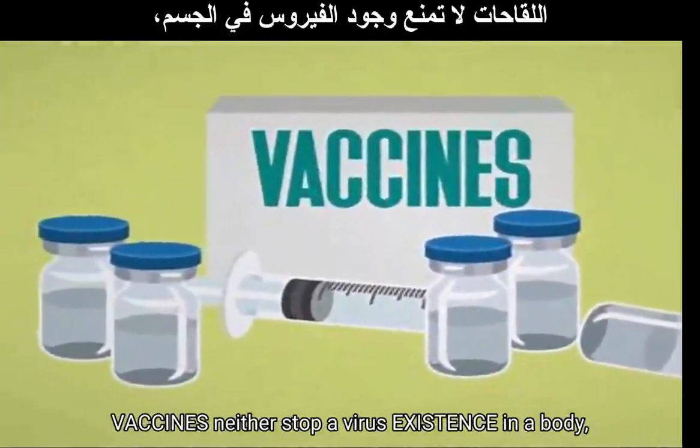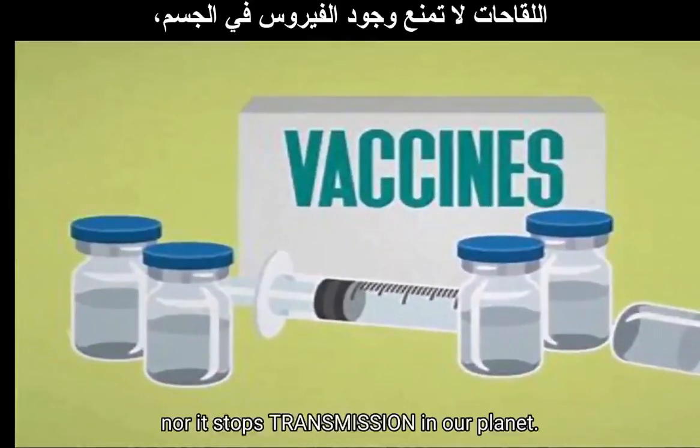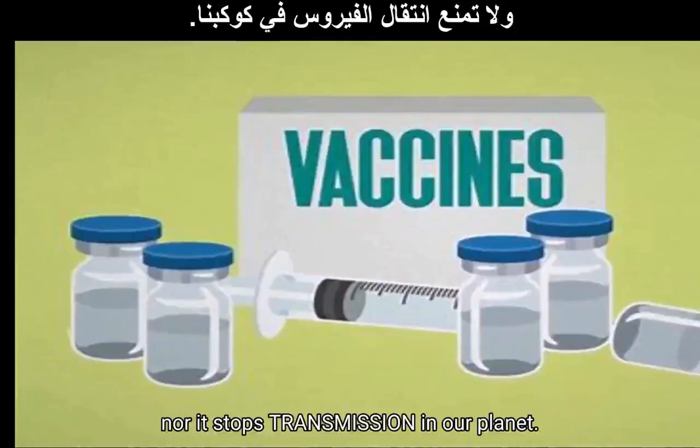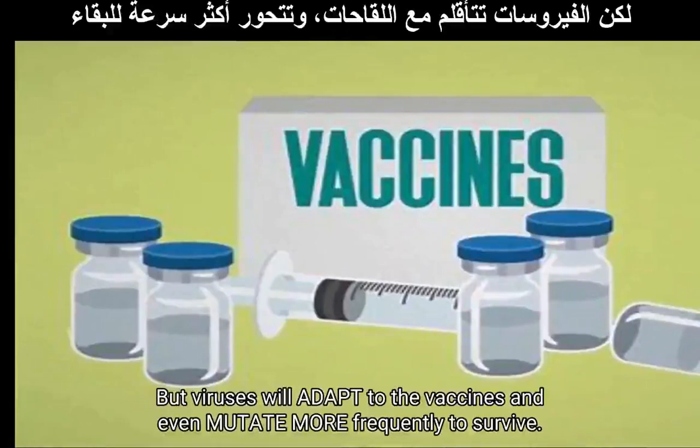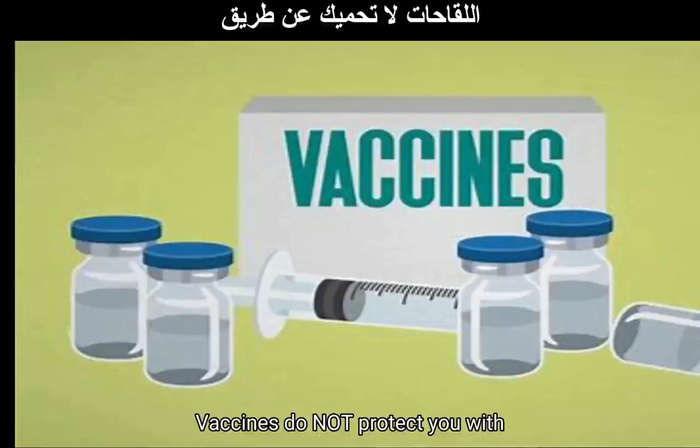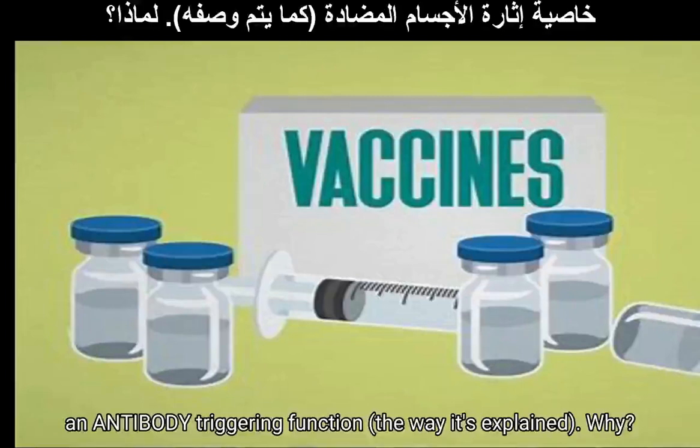Vaccines neither stop a virus's existence in a body, nor stop transmission on our planet. But viruses will adapt to vaccines and will even mutate more frequently to survive. Vaccines don't protect you with an antibody triggering function, the way it is explained. Why?